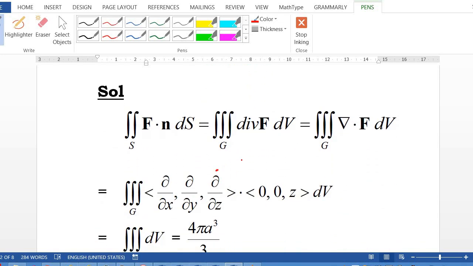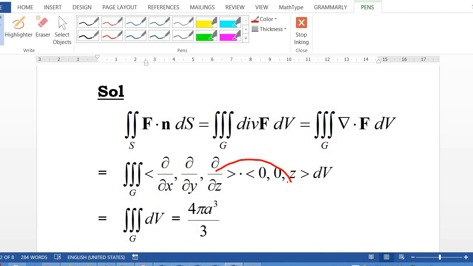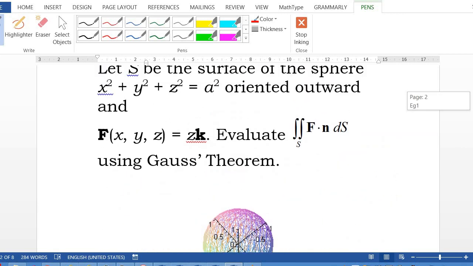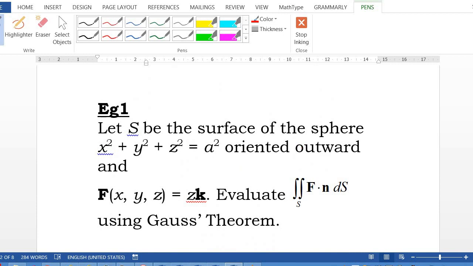Hence, we only have del/del z of z, which gives 1. So this is the triple integral of 1 dV across the solid G, which is a sphere, and represents the volume of the solid G.